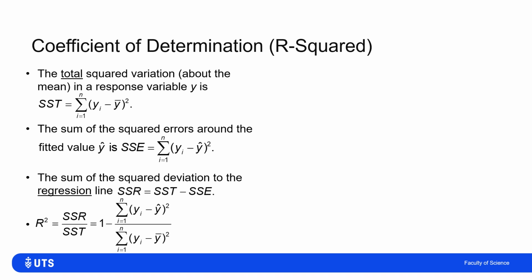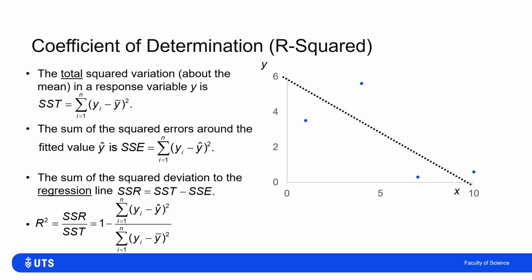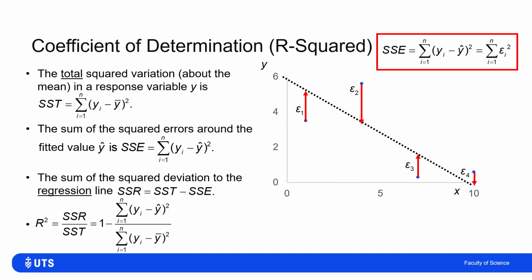But what does this mean visually? Well, if I take a very simple data set with 4 points and a trend line, if I calculate the residuals to that trend line, if I take the sum of those squares, those are the sum of the squared errors for this. So I have the sum of epsilon i squared is the sum of yi minus y hat squared.